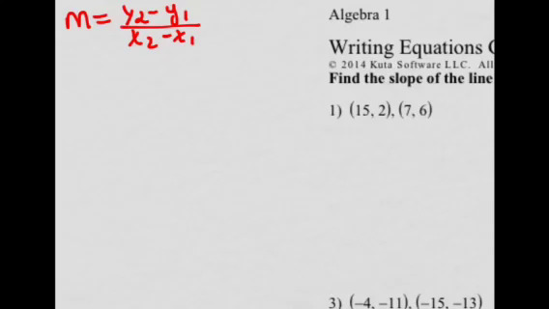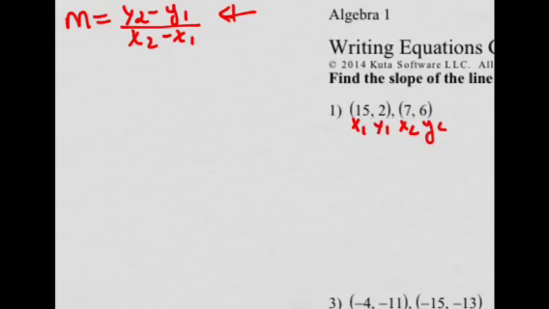Always label your points. It makes everything easier and it helps eliminate little mistakes. So we label it x1, y1, x2, y2. And if you forget how they're labeled, it shows you on your reference sheet, as well as this formula. So now it's a matter of plugging and chugging.